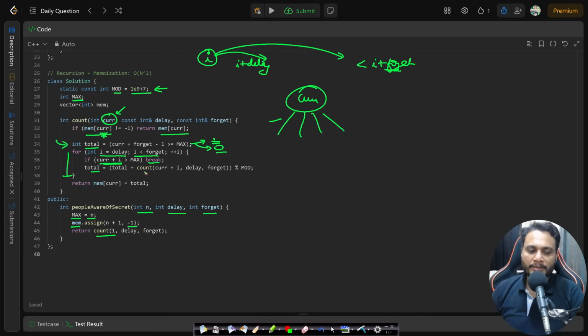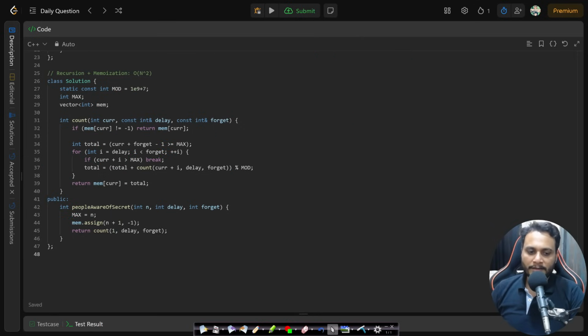Otherwise, we will take the total count returned from each of the branching, and we will continuously add and take the mod of 10 to the power 9 plus 7. And finally, before returning the result, we will store the value in the memoization table, so that the next time I arrive at this same day, I don't have to go through the entire recursion, but simply return the pre-computed result. Okay, so this is the entire recursion memoization approach. I hope it is clear.